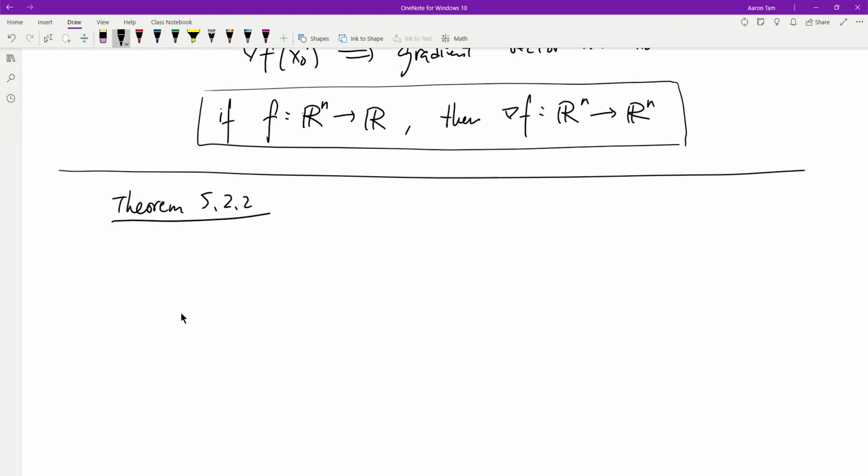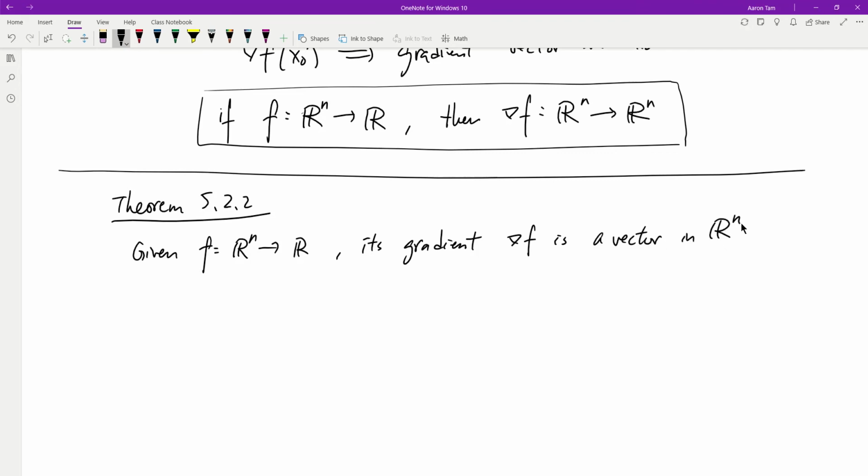It states the following. Given a function f that maps from Rn to R, we know that its gradient, which is the gradient of f, is a vector in Rn.